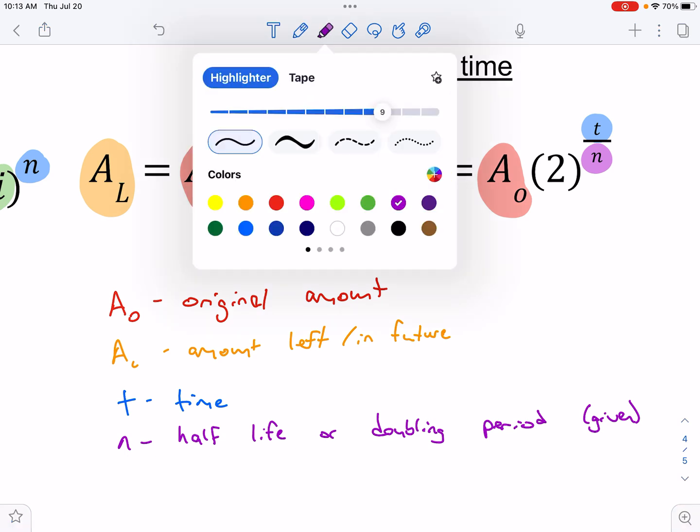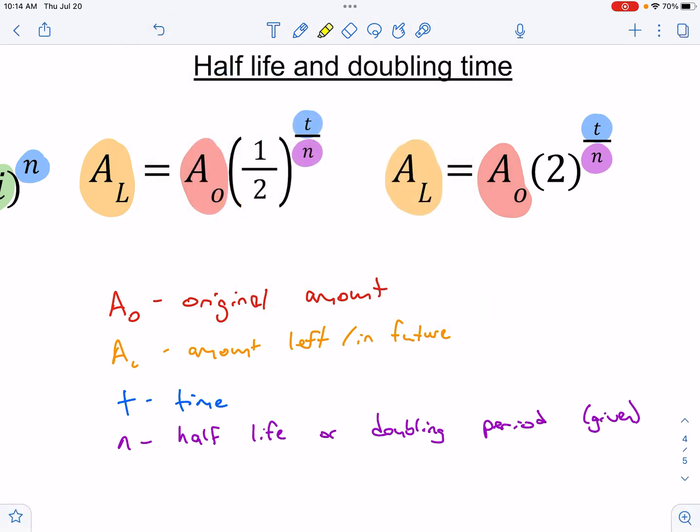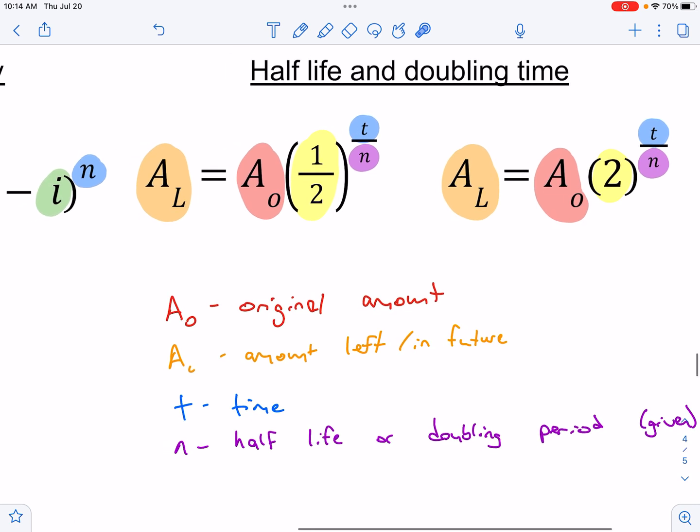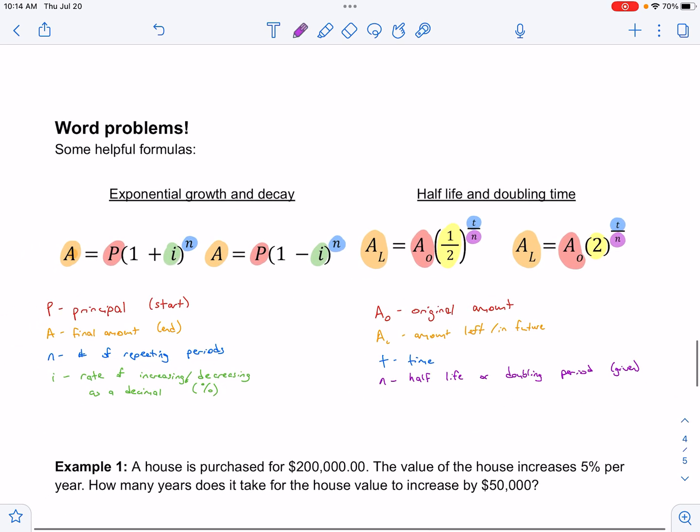Now what you'll notice here is that we've been provided with our brackets. Half-life, of course, corresponds with the half, and 2 would correspond with the doubling time. Okay, so if you're dealing with a half-life problem, you would use the half. If you're dealing with a doubling time problem where something's doubling, you would use the formula with a 2 in it. Okay?